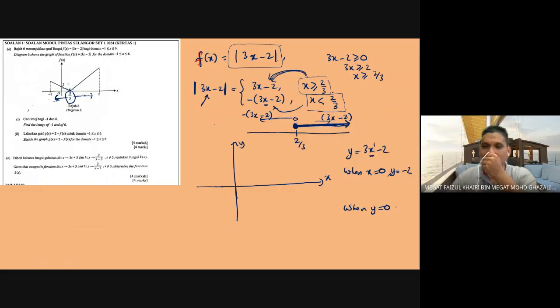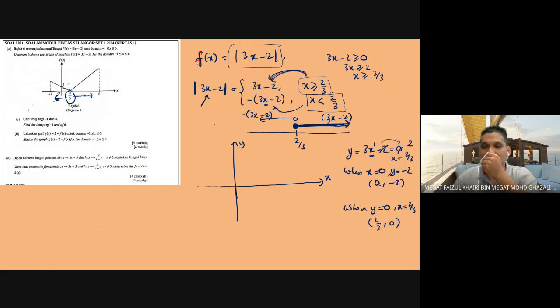Good. And when y equals 0, negative 2 goes to the other side and becomes positive 2, then divide by 3, x equals 2 over 3. So this is the coordinate (0, -2), and this is the coordinate (2/3, 0).